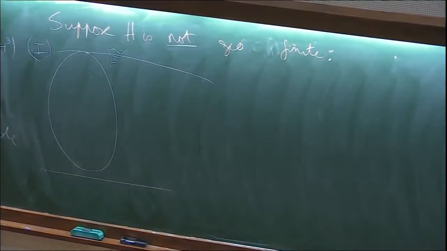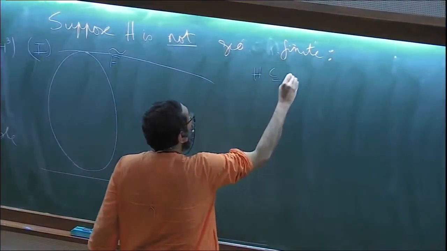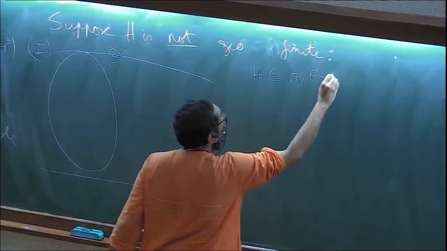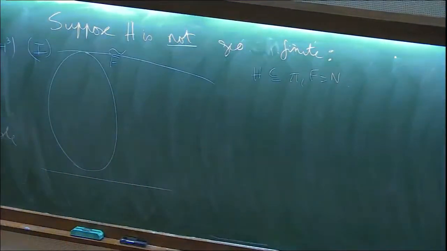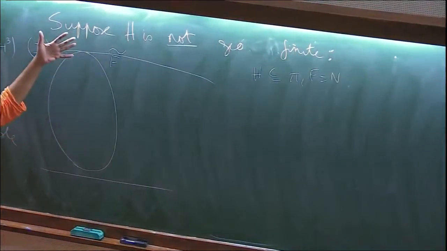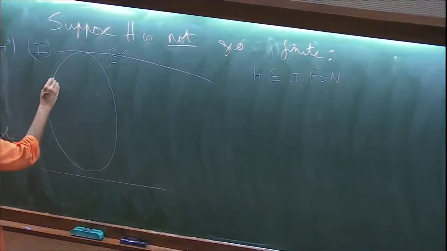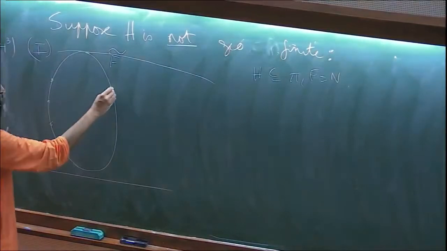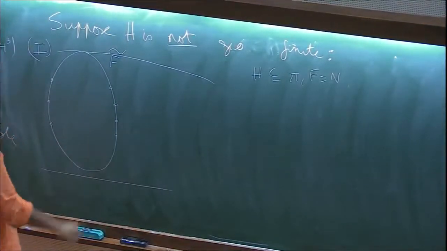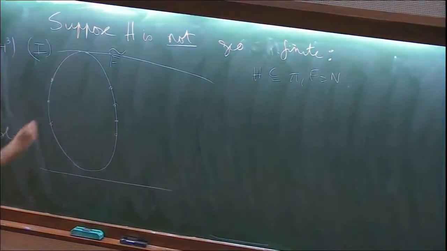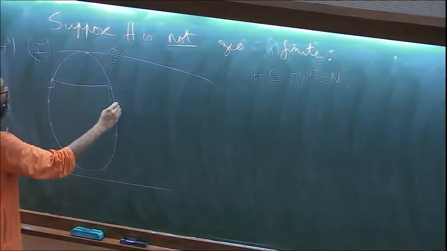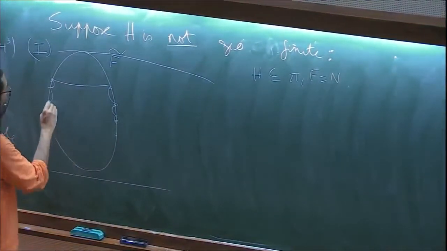So F tilde, and you have this subgroup H contained in pi 1 F, which is N. F tilde is intrinsically just the hyperbolic plane, and H is an infinite index subgroup of pi 1 F, so its limit set on the circle is some Cantor set.